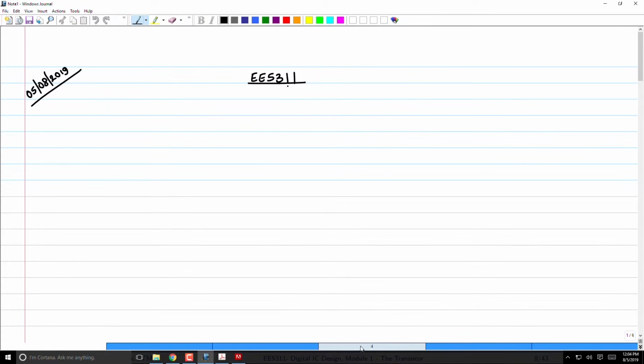Last class, we were deriving the equation for the on current of a transistor, right? And we said that the on current for an NMOS transistor is IDS equal to mu n C ox W by L into, I'll bring the VDS out, VGS minus VT minus VDS by 2.